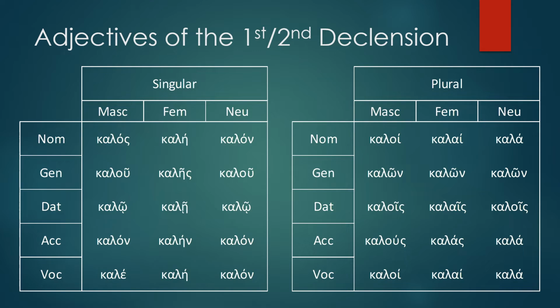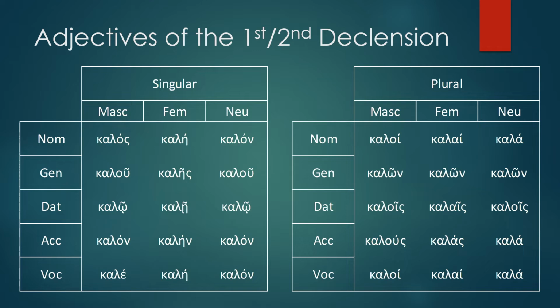Now, looking through the singulars again in a different way, let's just look at the endings more closely. Let's start with the masculine column. So kalos, kalou, kalo, kalon, kale. Typically, vocatives are exactly the same as nominatives, but this is one of the cases where it isn't. Kale versus kalos.